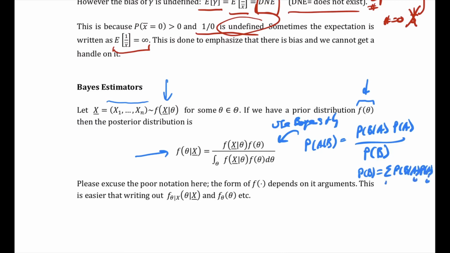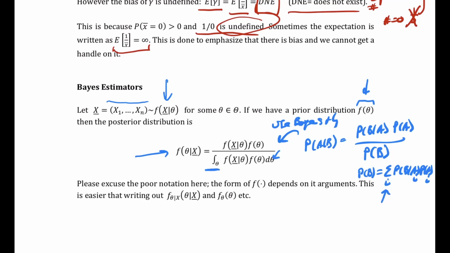So these are A_i's, over all the different i's. So this is Bayes' theorem. And in this case, we have the continuous version rather than the discrete version, so I'm integrating out this particular thing.